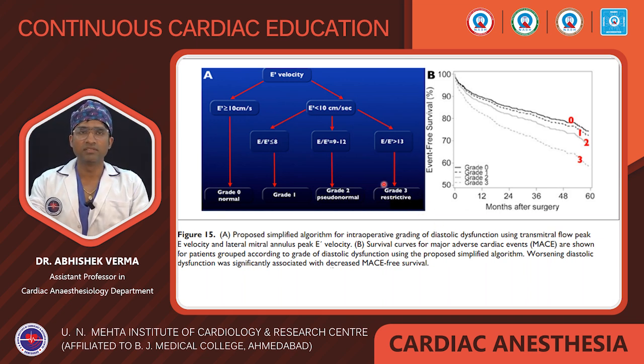So grade 3 has two parts, A and B. In type A there is a reversal of the diastolic dysfunction; in type B there is no reversal. We can't reverse the diastolic dysfunction in type B, and the mortality rate in type A is less as compared to type B.